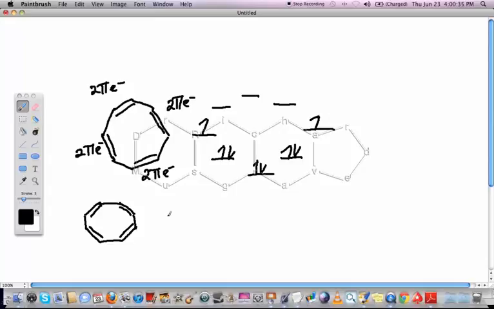So what this really looks like, if it is flat, is this. And one of these double bonds is actually not bonded to each other. We've got 2 unpaired electrons, which makes it incredibly unstable. So this system actually does not exist.